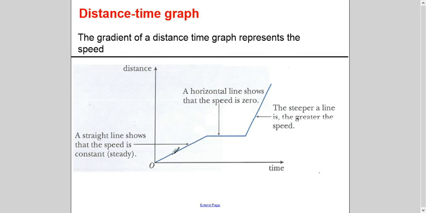So this is a positive gradient. If the graph is a distance-time graph or a displacement-time graph, the gradient gives you speed or velocity accordingly. Depending on whether I have a distance or displacement graph. But a steeper line means more speed, more velocity, right?